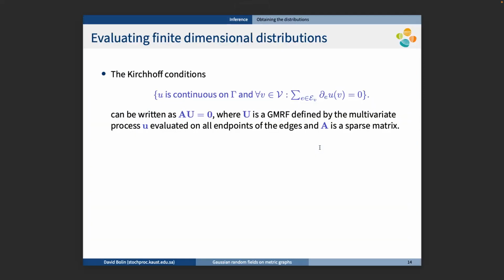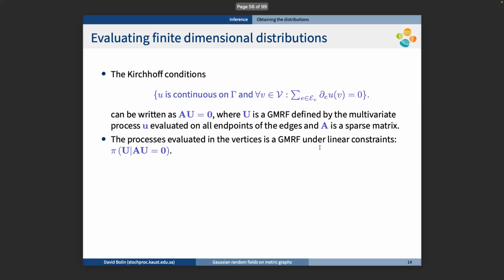So more specifically, this conditioning that we're doing is just a linear constraint on the Gaussian process. You can formulate it like that. And because the process, as we saw before, is a Markov process if alpha is an integer, what we're essentially saying is that this process can be viewed as a Gaussian Markov random field under linear constraints.